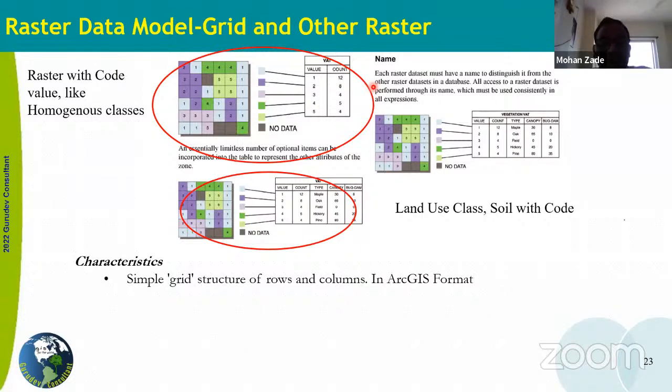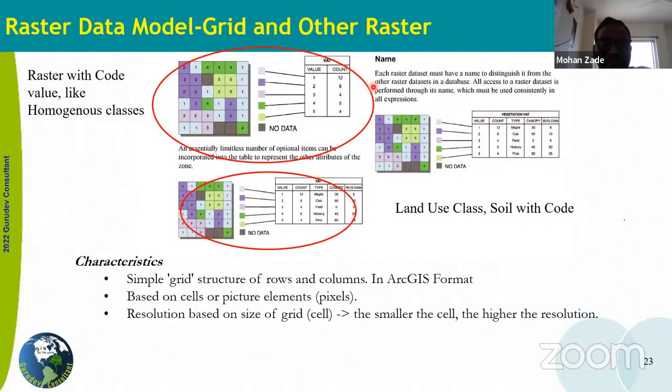It's a very simple grid structure. That means it considers only rows and columns, just like in our Excel. If you see the Excel, it also consists of rows and columns exactly the same way. You can create your own image in the Excel also, just like in the images or in your photographs. The same thing you can visualize in the Excel also. So it is a simple grid structure of rows and columns.